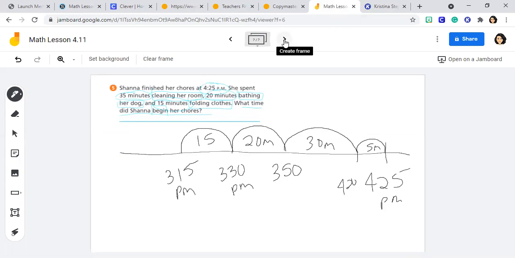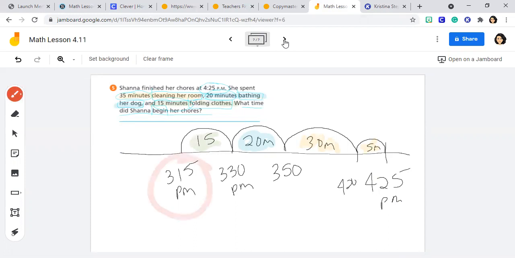What time did Shanna begin her chores? Well, let's just real quick look at this here. For cleaning her room, we've got 35 minutes that we jumped back. For bathing her dog, that was that 20 minutes right here. And for folding her clothes, that's that jump 15 minutes, which means what time did Shanna begin her chores?